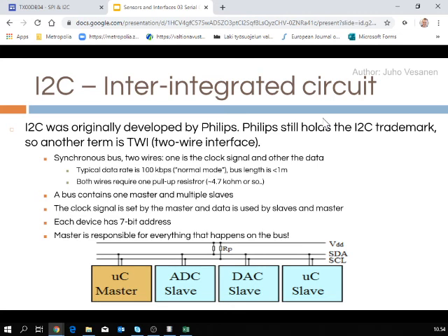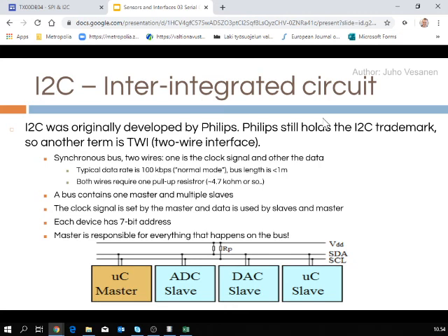It still holds the trademark. So if you are working for a company which is not a subsidiary of Philips, and you have a device, don't call it I2C. You can always use the name two-wire interface. Then it's not a copyright violation.